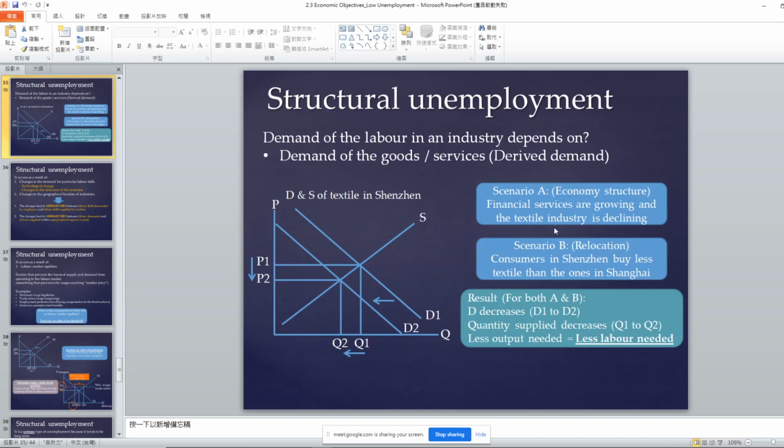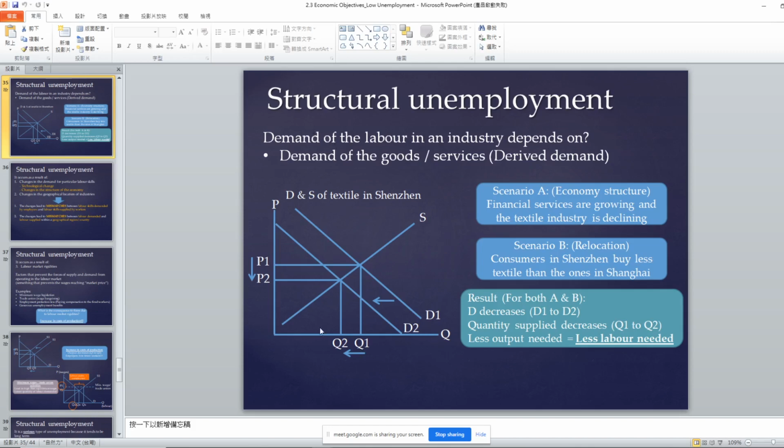Because when you're trying to explain it, you can say, because of the lack of demand for one industry, there is a lower output over there, right? The quantity is going from Q1 to Q2, and that's why people have to lay off some workers, and that's how you see a structural unemployment.